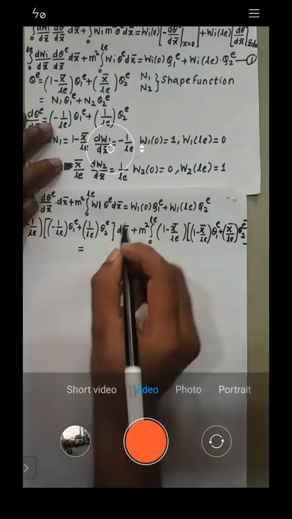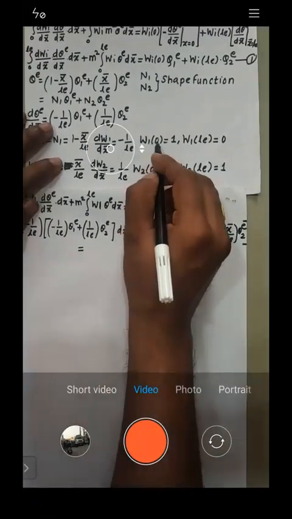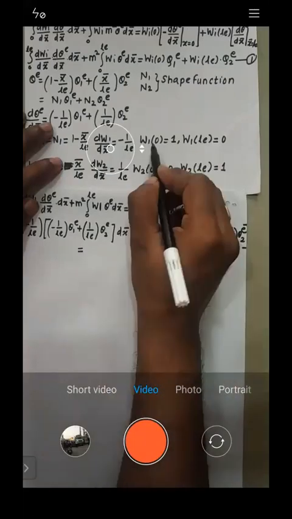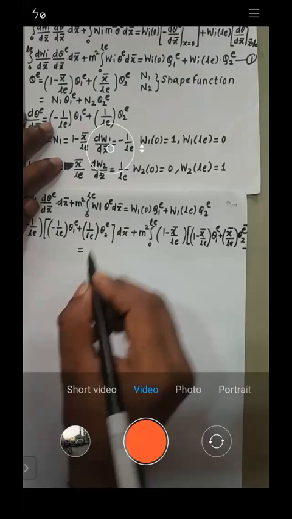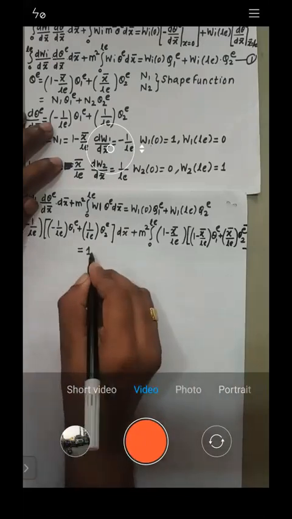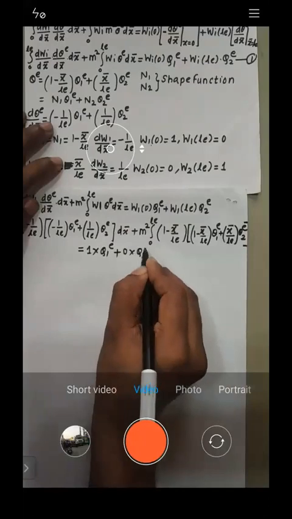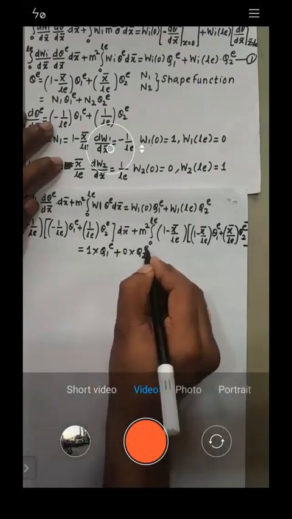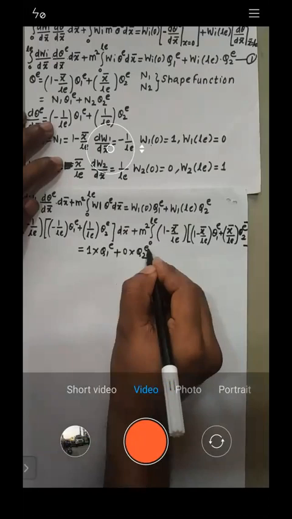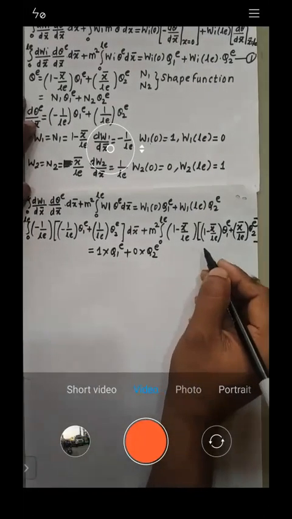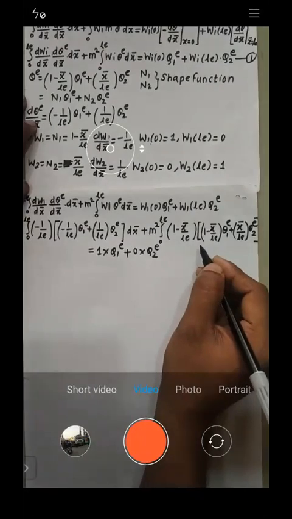W1 when x is 0 is 1. So 1 into Q1E plus the weight function when x is LE, W1 is 0. Understood? Is it okay or not?